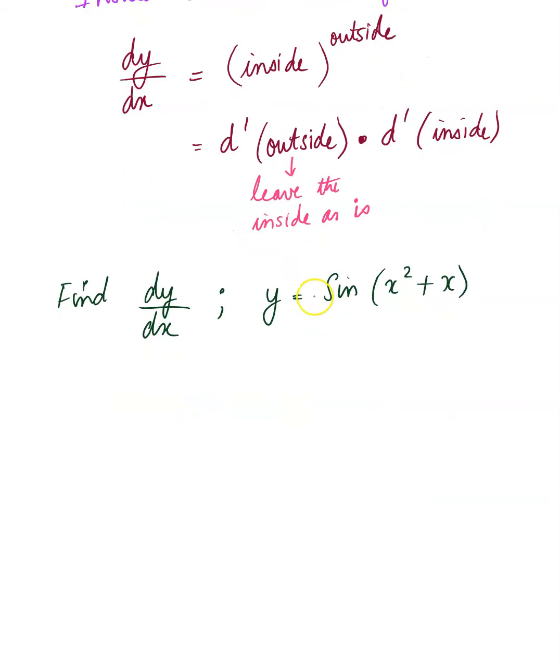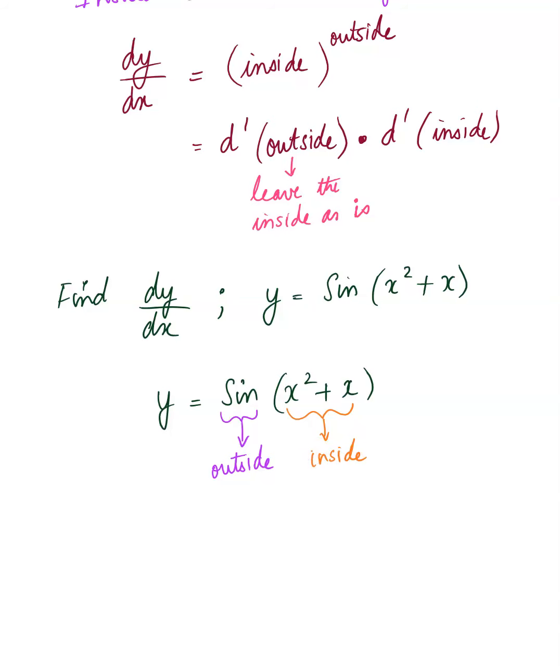Alright, so y is written in terms of x, but y is looking complicated because it's a composition of two functions. So the very first thing we want to understand is which one is outside and which one is inside. This sine function, sine of something, sine of an angle, is the outside, and this x squared plus x would be the inside.